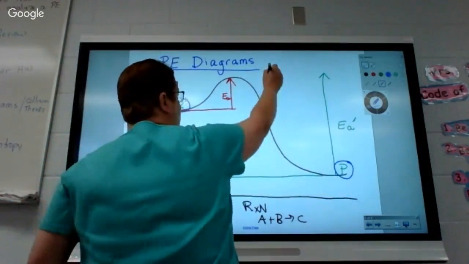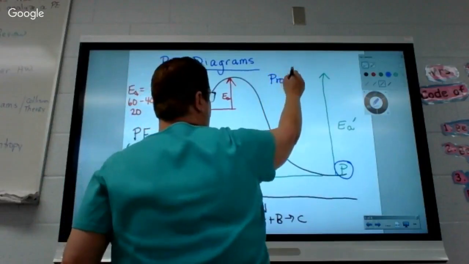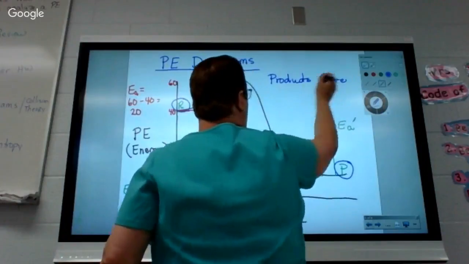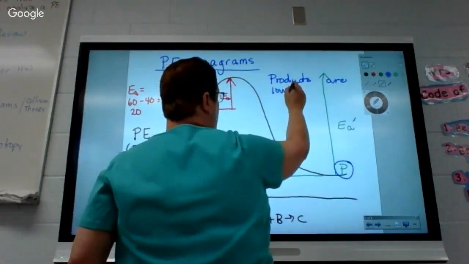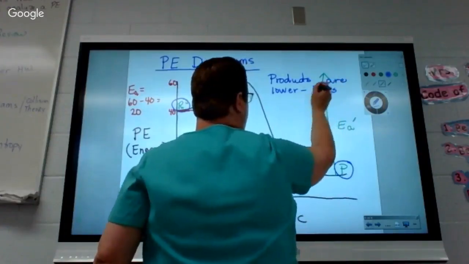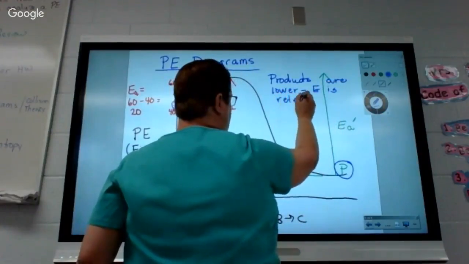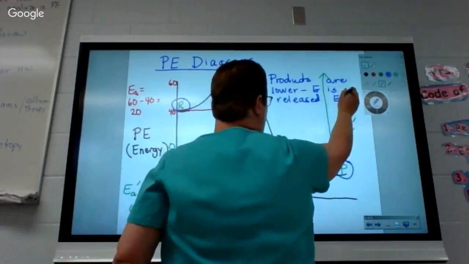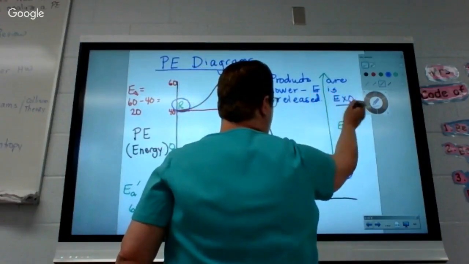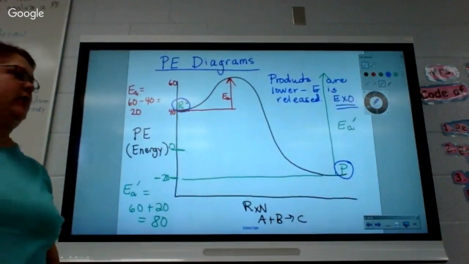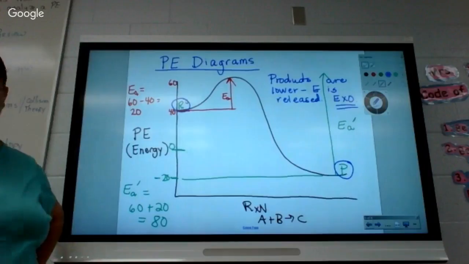All right. The products are lower, which tells us energy is released. Okay. So that tells us this is exothermic. So the 3 or 4 people who said exo because the products are lower were correct.